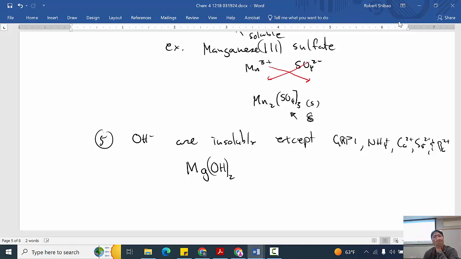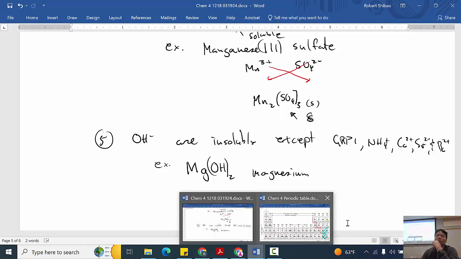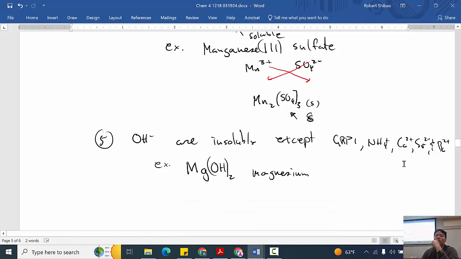Name this. Magnesium 2 hydroxide. Would you agree? Magnesium 2 hydroxide? Which one? Like the first one, so you know how you have ammonium?